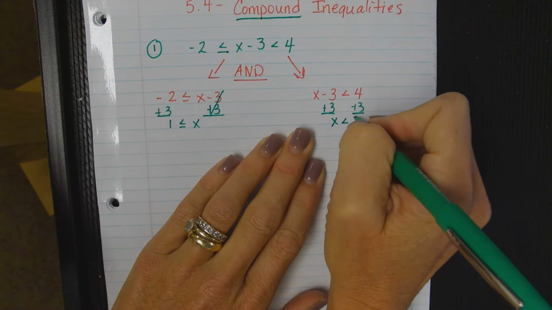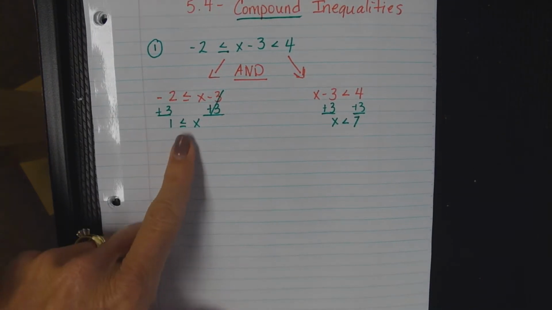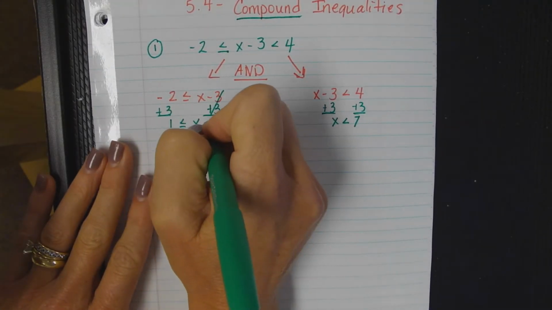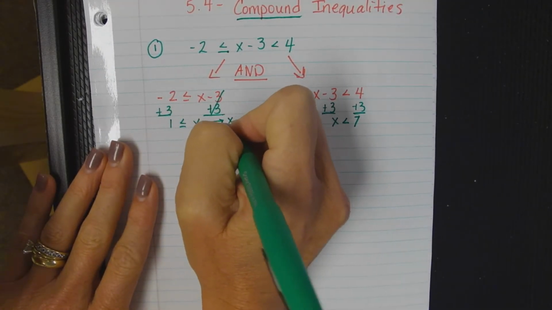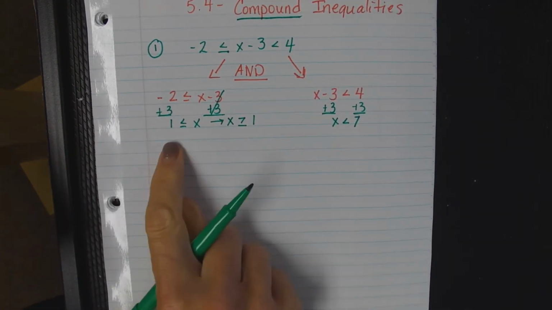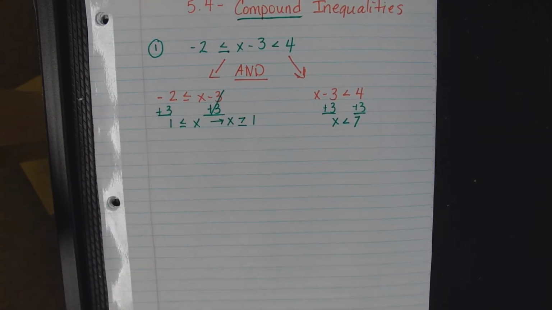X is less than 7. Going back to this one, y'all want to rewrite that one? X greater than or equal to 1. You see what I did? For those that were absent, make sure you see where the sign is open to.